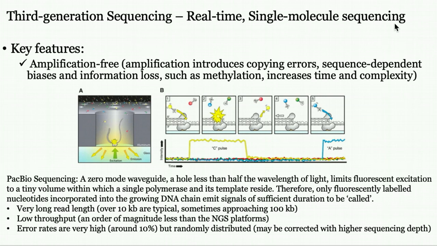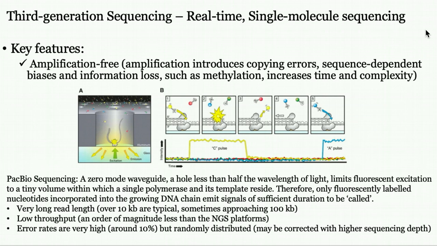Just remember that it's a physical structure that confines the template, basically the single molecule DNA, in this place, and also other reagents in this place. So once a specific nucleotide is incorporated into that DNA molecule, it can emit a specific signal. And then based on that signal, we can identify which nucleotide is incorporated.